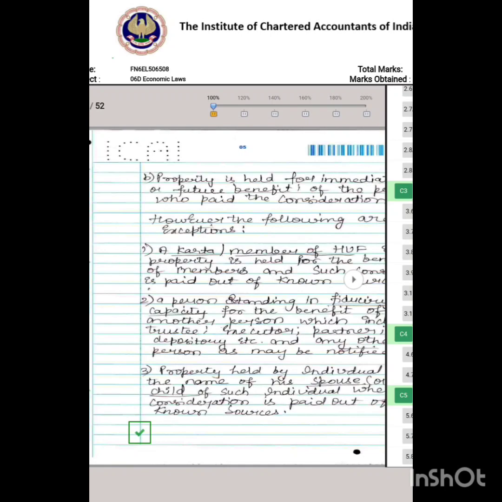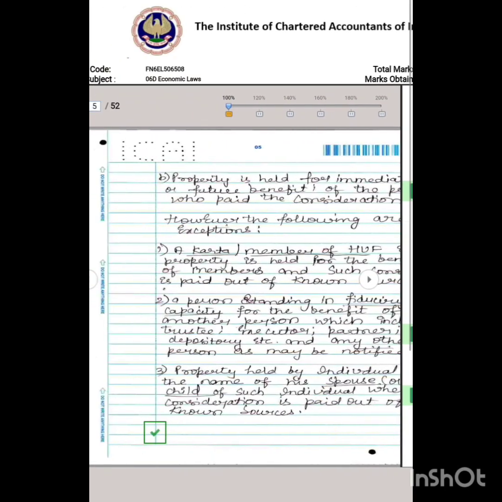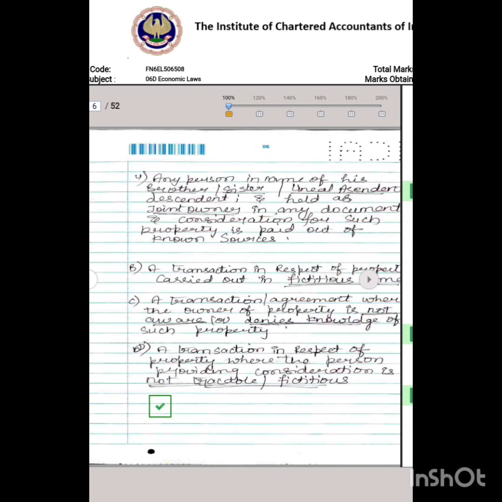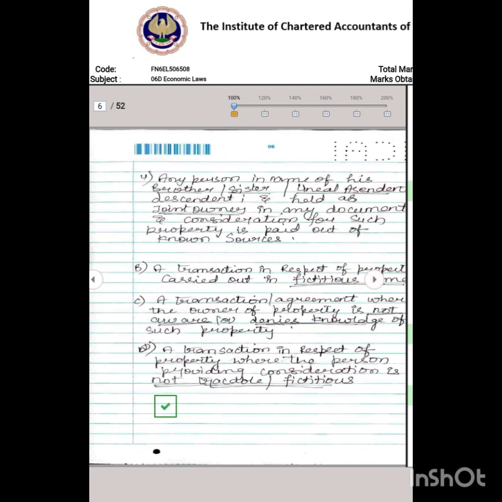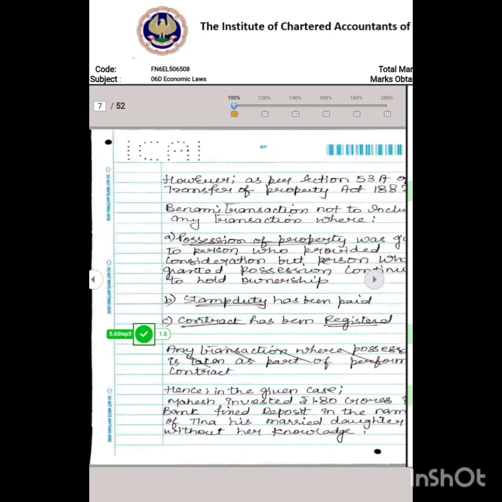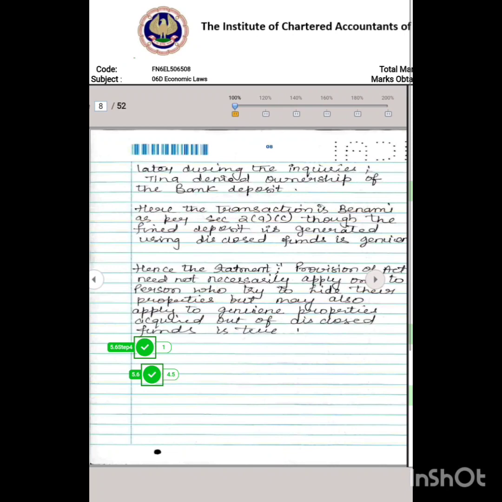So this is how I presented my first answer, the fifth one. I have written everything that was given in our material with some changes. But you have to underline the important points and give the answer point wise and not in para form.